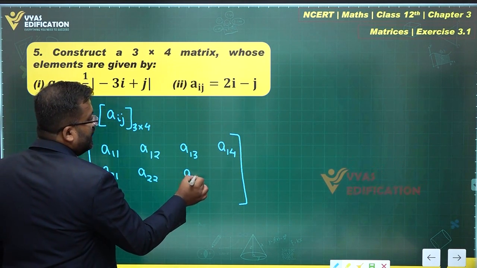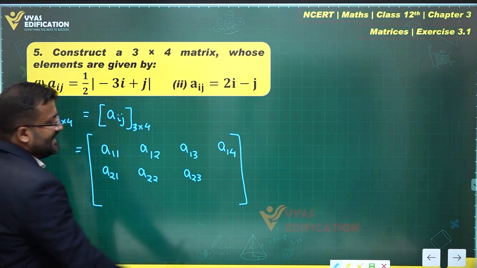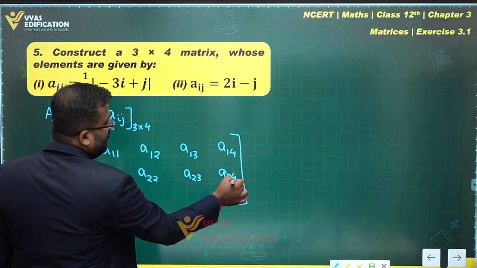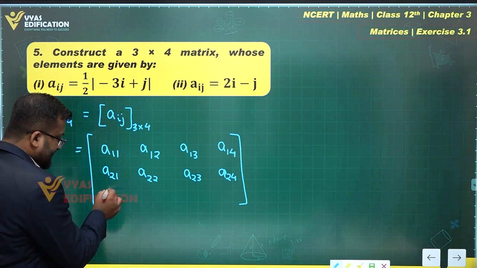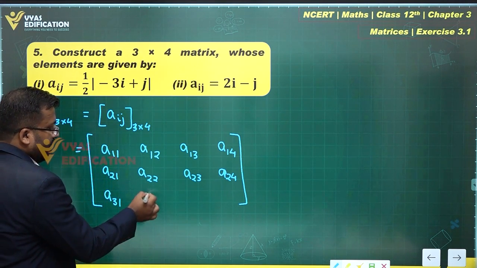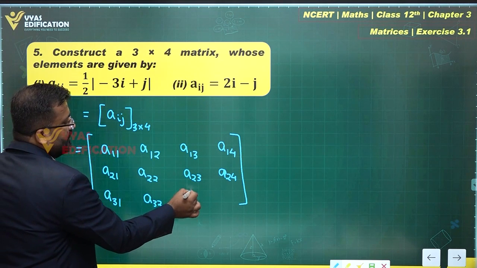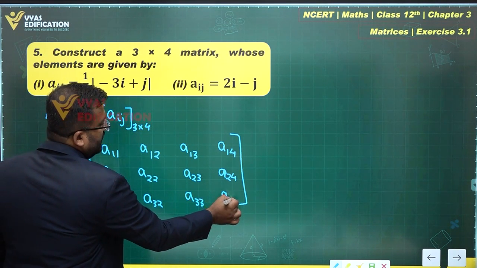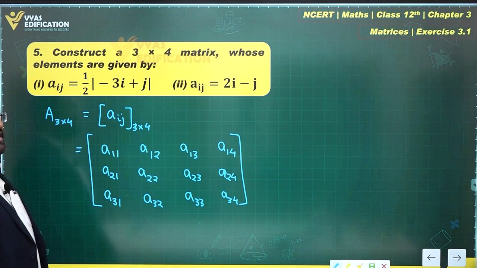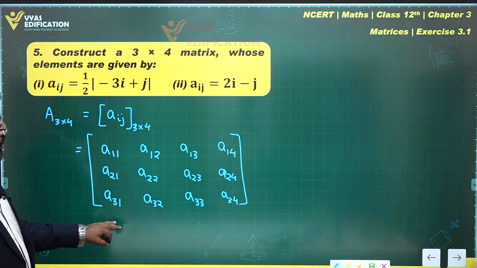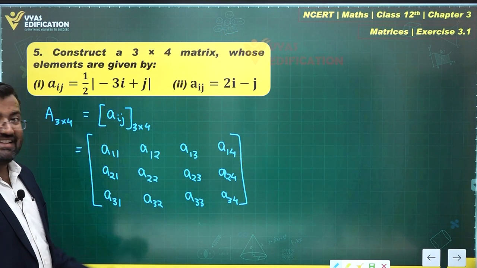The second row, third column would be A23, this element. This element would be A24. The second row, fourth column. What about this one? This is third row, first column. Third row, second column. Third row, third column. Third row, fourth column. And yes, these are 3 rows and 4 columns. As you can observe, this is a 3 by 4 matrix whose elements are these.